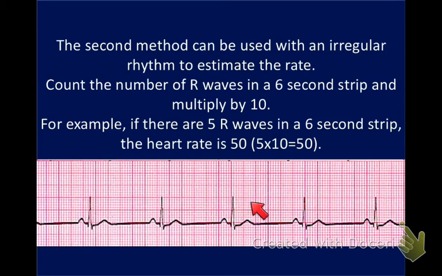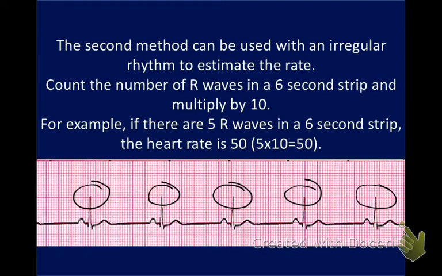That one's kind of the same. 1, 2, 3, 4, 5, 6. 1, 2, 3, 4, 5. This one's not quite 6. So you see how this one's irregular? Then what you would do is count the QRS. So then you would count here. 1, 2, 3, 4, 5. 5 times 10 equals 50. So your heart rate's 50.